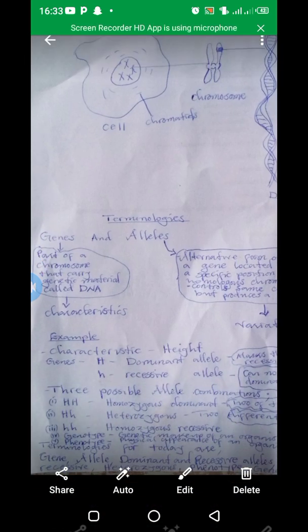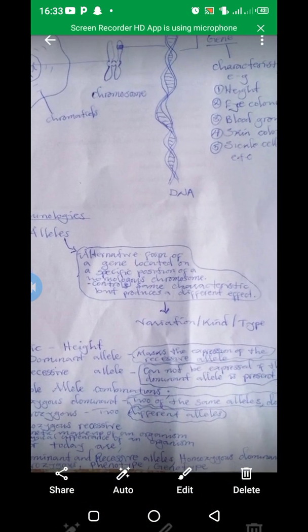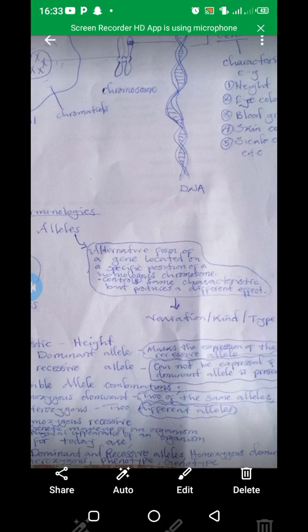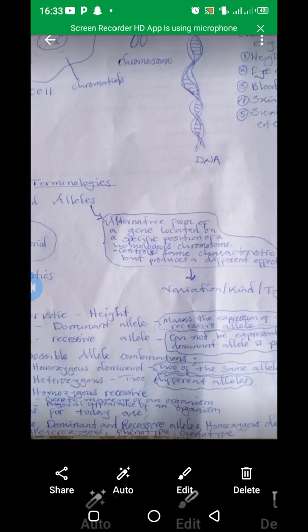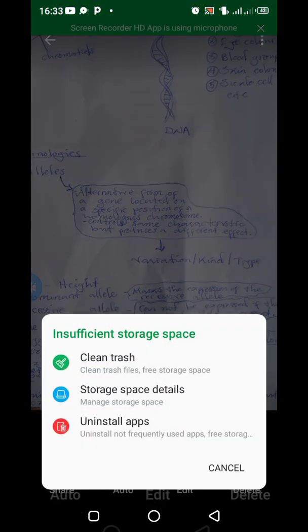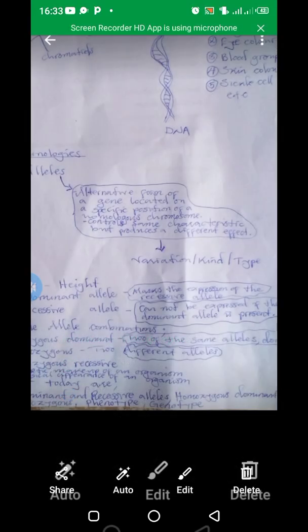We also need to understand what an allele is. When we talk about an allele as being an alternative form of a gene, we can also say that alleles are variations. They show different kinds or different types of the same characteristic.